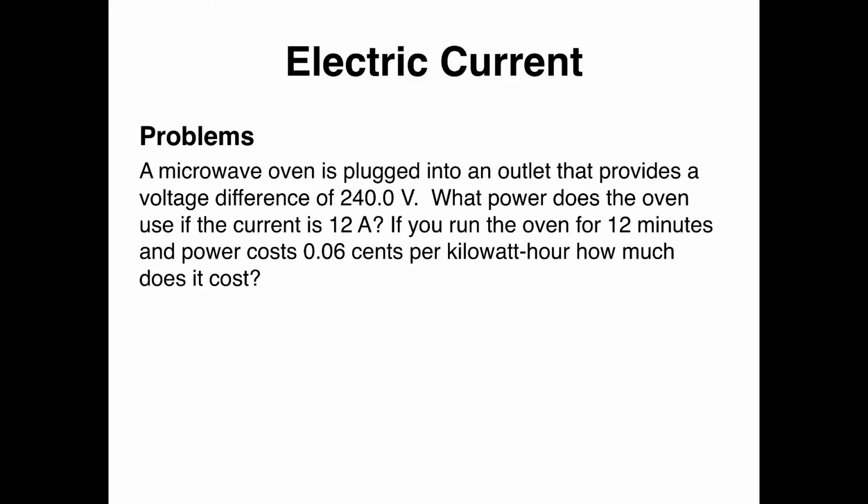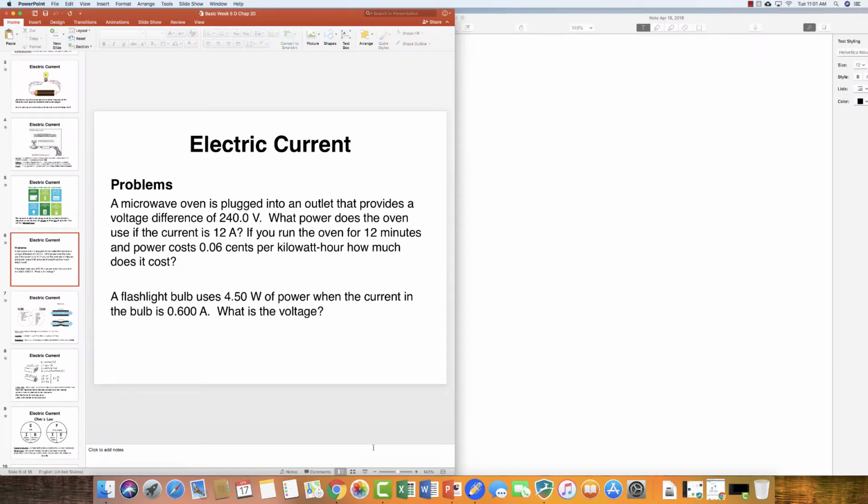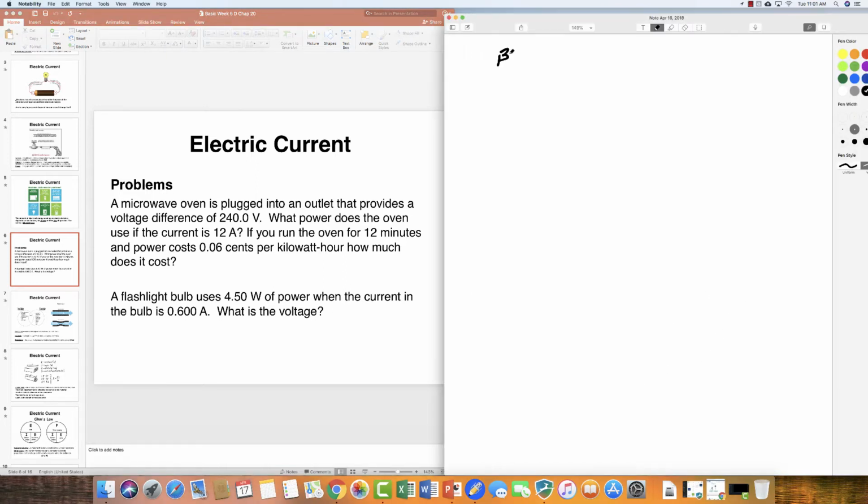So a microwave oven is plugged into an outlet that provides a voltage difference of 240 volts. So your voltage that's driving the flow of electrons is 240 volts. Now the current, the flow of electrons, is 12 amps. So how much power does this oven use with this flow of 12 amps? In order to do this problem, you would have to remember that power equals volts times amps.